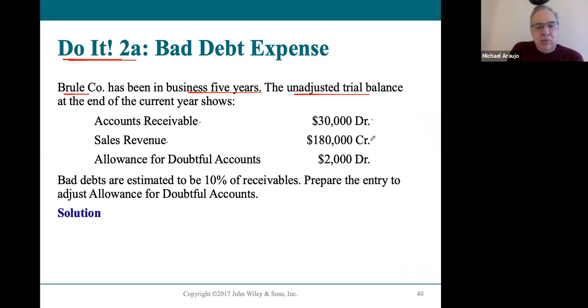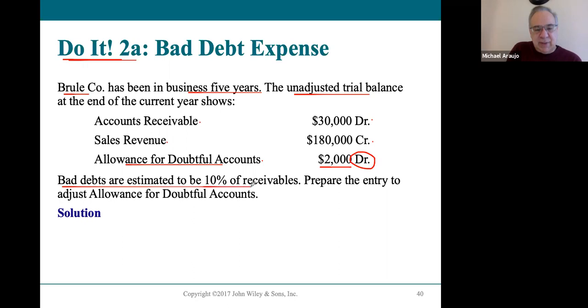Sales revenue, $180,000. This is interesting. The allowance for doubtful accounts, $2,000, but it's on the debit side. That's unusual because you always want your allowance account to be a credit balance. Okay, so that's the starting point in the allowance account.